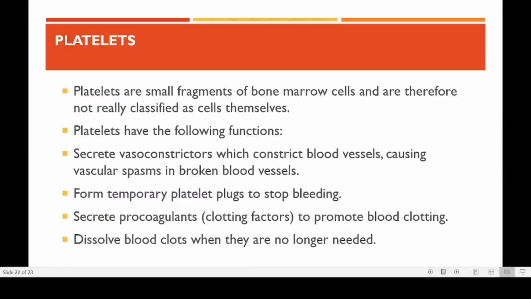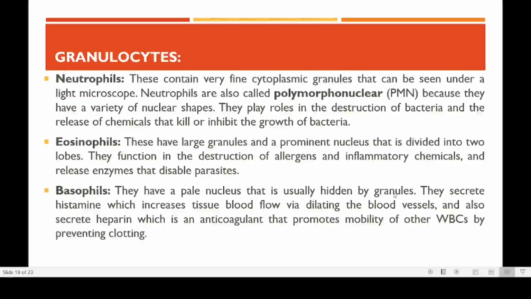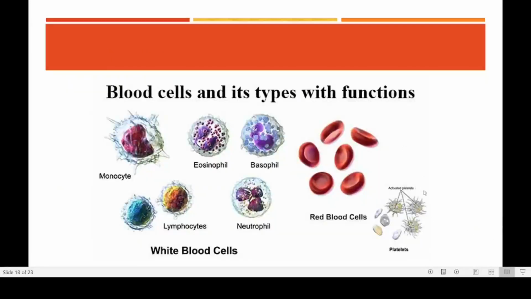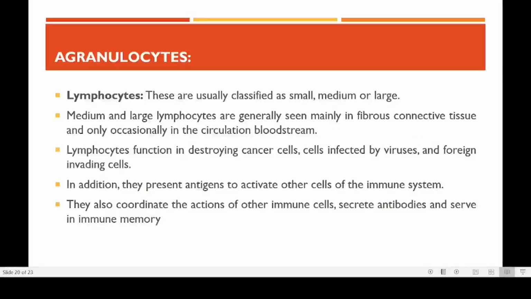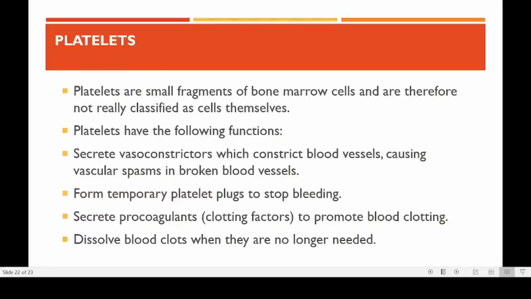Now we have to see one more type of cell, which are the platelets. If you look at this, these are the platelets. So this is the WBC, this is the RBC, this is the platelets. As you can see, platelets are very small cells. Actually, most of the platelets are formed from the remains of the bone marrow, and they cannot really be called a cell because they do not have a proper nucleus.